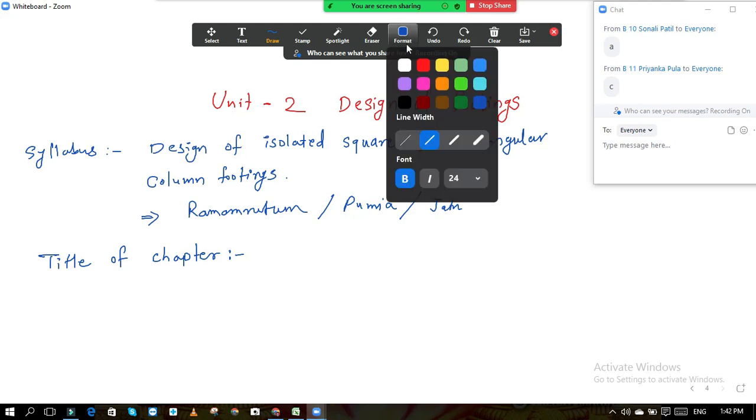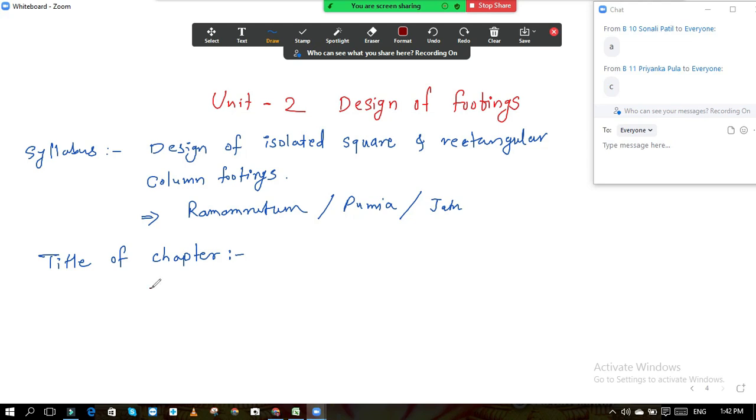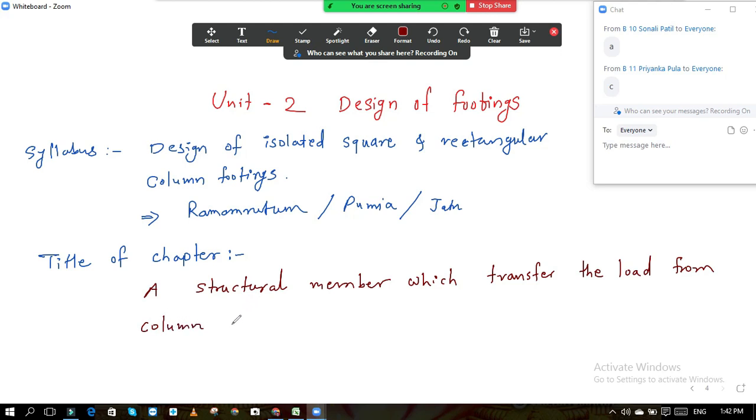So here I will write: a structural member which transfers the load from column to ground is nothing but footing.